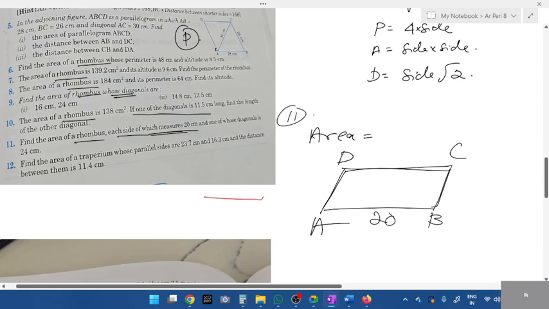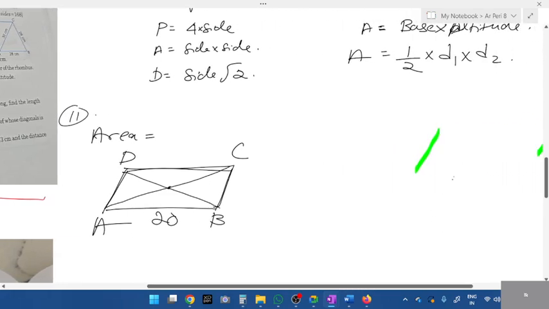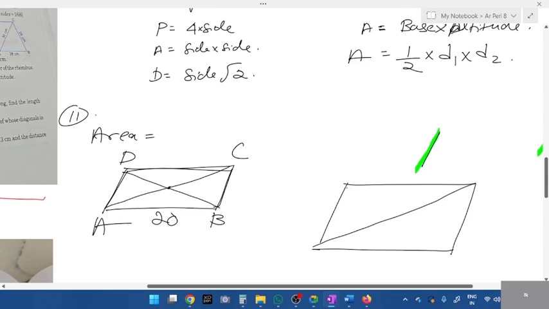And diagonal. Only one diagonal is given. This diagonal is 24. Okay, there is one more concept in this. When it comes to rhombus, you have two diagonals like this.